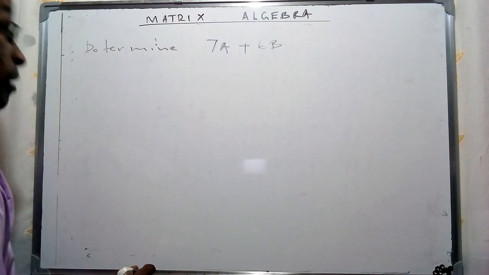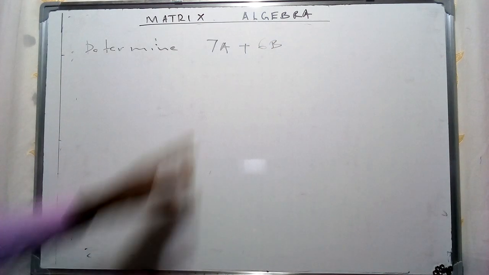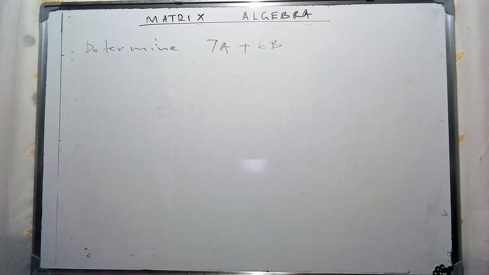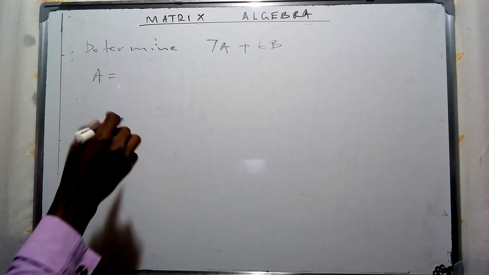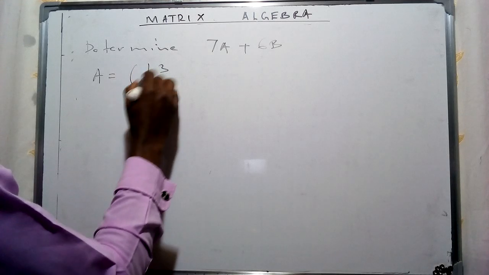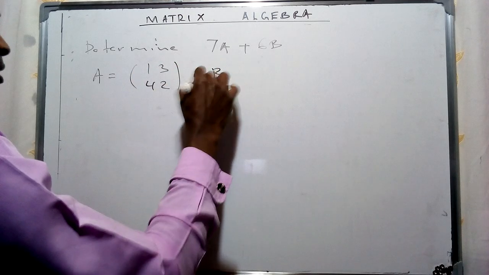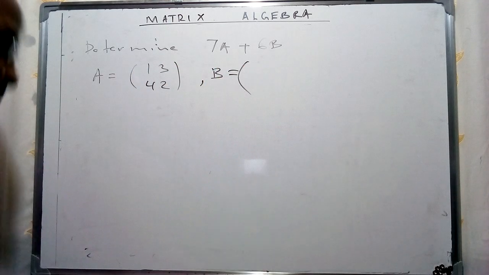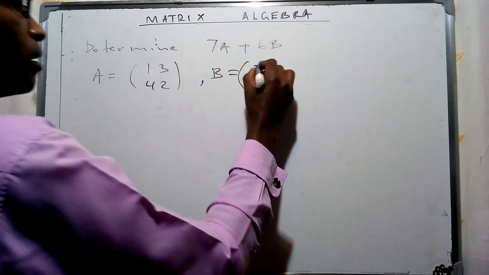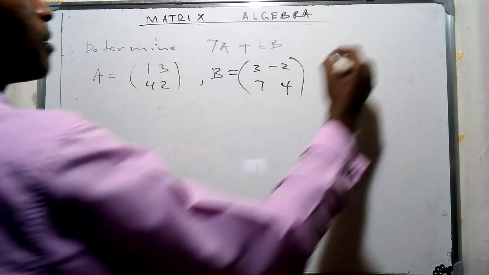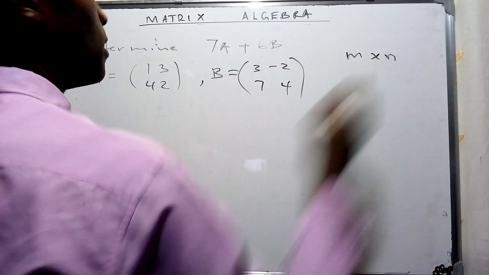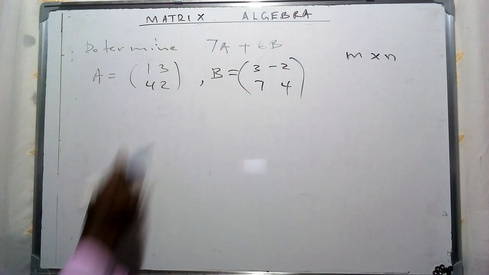So we can find this specific matrix by defining the matrices A and B and having a scalar multiplication of 7 given as such. And now in this case, if we have a matrix A equivalent to 1, 3, 4, 2, and then B given as a matrix of 3, negative 2, 7, 4, we can see that these two matrices are of the same size or order, M by N, which is 2 by 2.